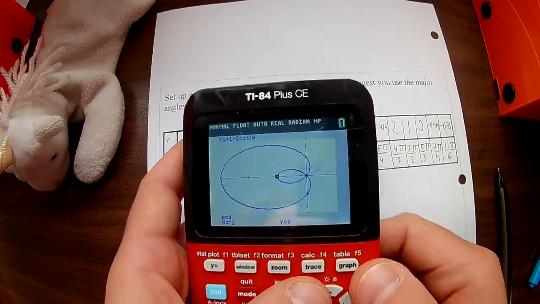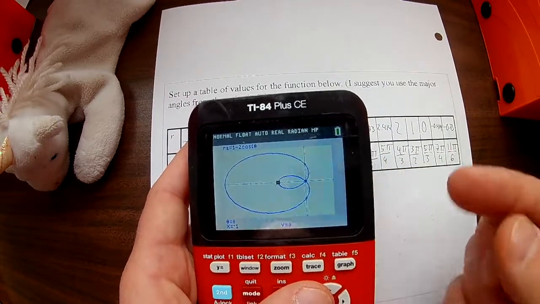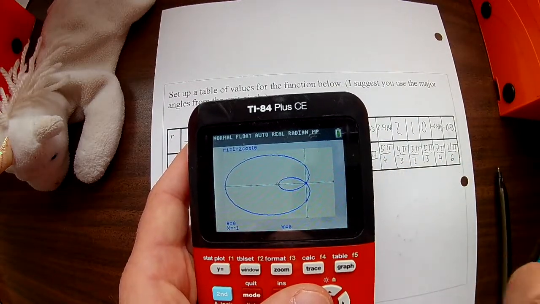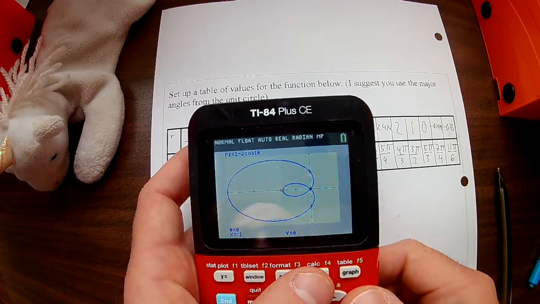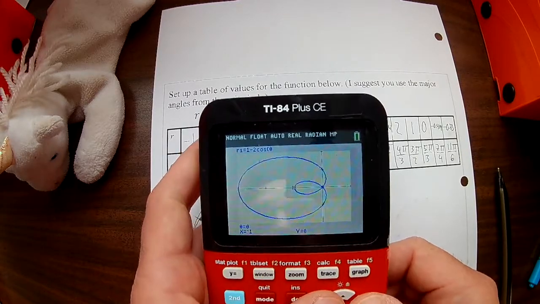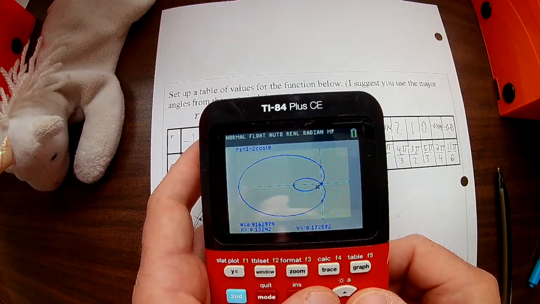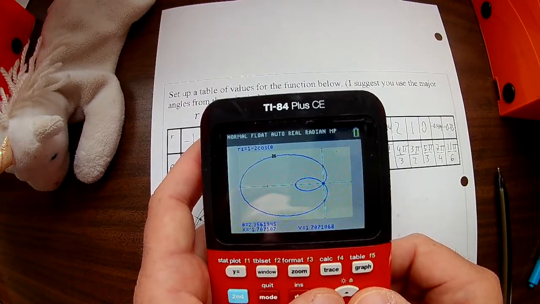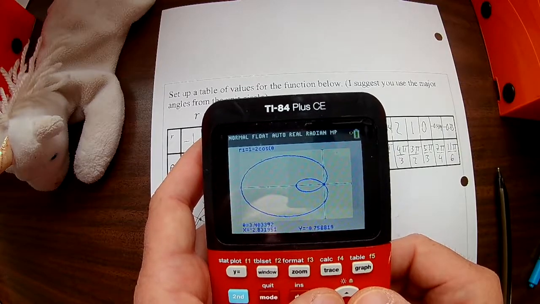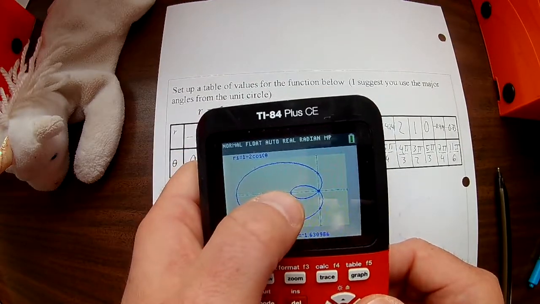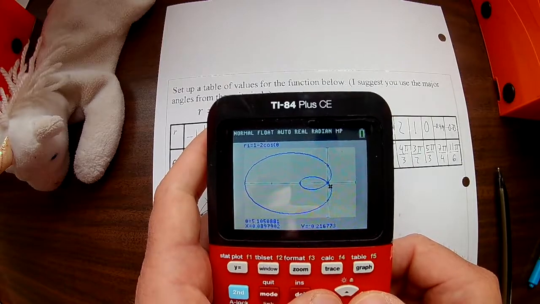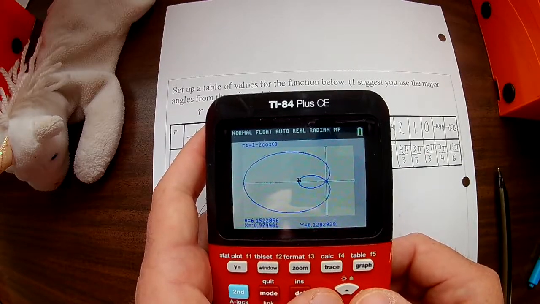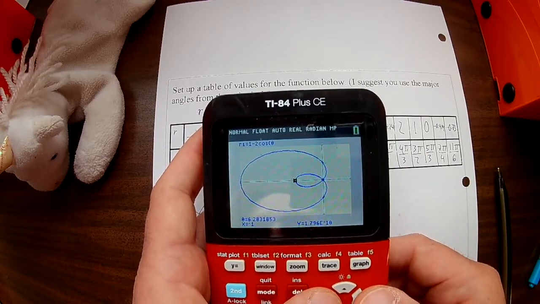Another thing to point out here is, in order to find out how far up you need to go to traverse this curve exactly once, you can go to trace, pulls up that particle, and if you hit right, it just advances it in the upward direction for the theta, and just goes all the way around this curve, and you're looking for where it ends up at that point again. And when you end up at that point, that is one iteration of the curve.